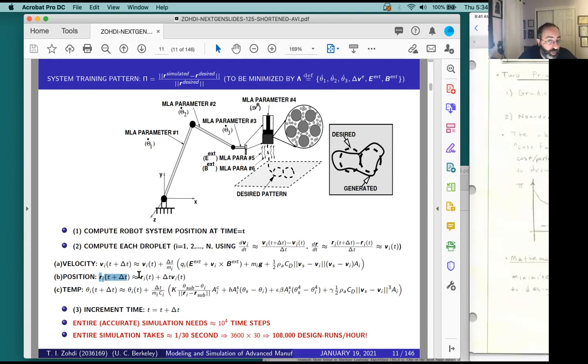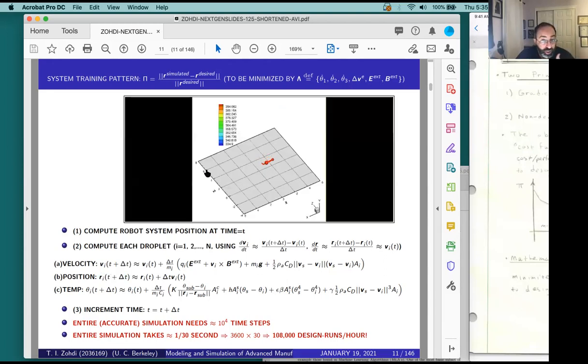All of those things we have to know. So we have to know its velocity, its position, and its temperature at any given time for every one of the droplets.